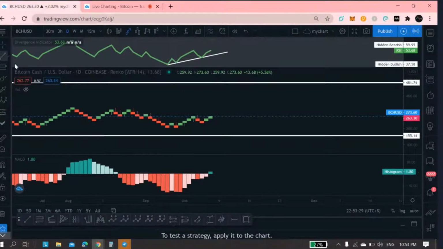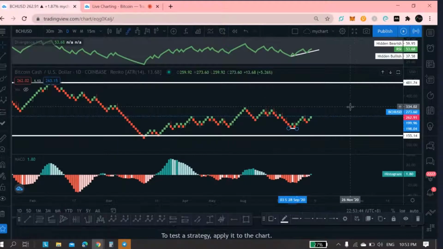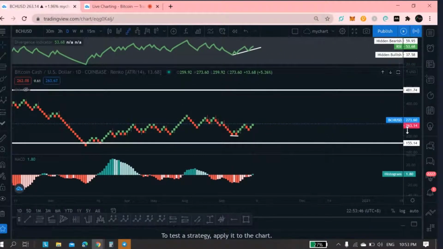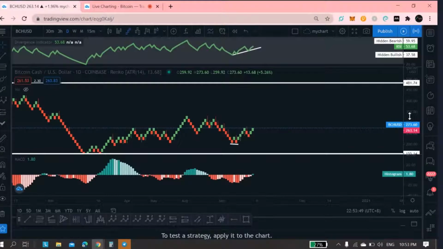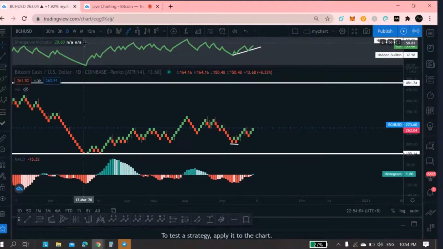So this one is flat, or which is the support area. And after that is a bullish Renko chart. And then here, it retests that support area and it bounced. So I think from here, I'm expecting a possible higher trend, or it will possibly go up.